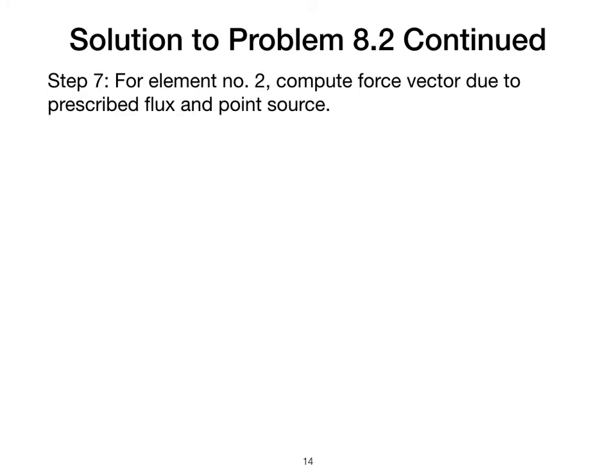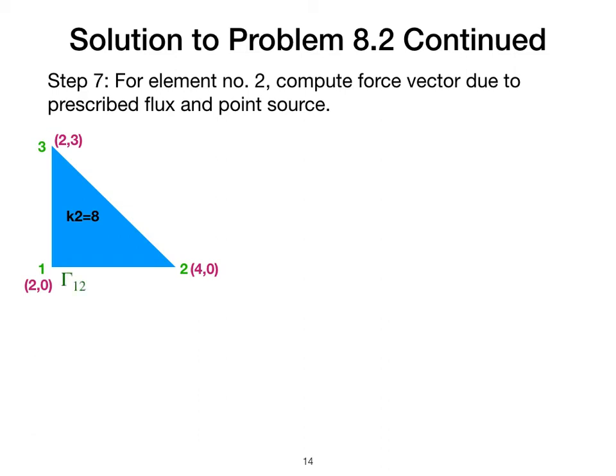Same thing we have to repeat for element number 2. However, element number 2 has different boundary traction or flux given. So this is element number 2, and we have the local numbering, the corresponding coordinates are also given.